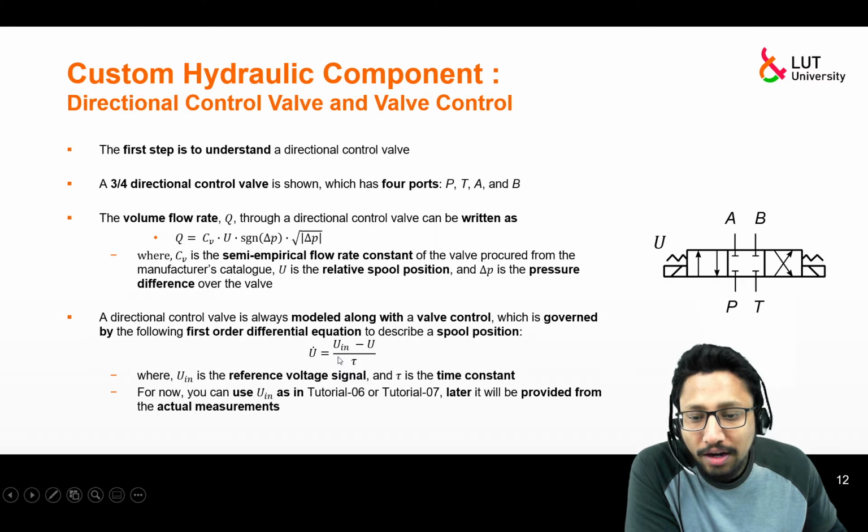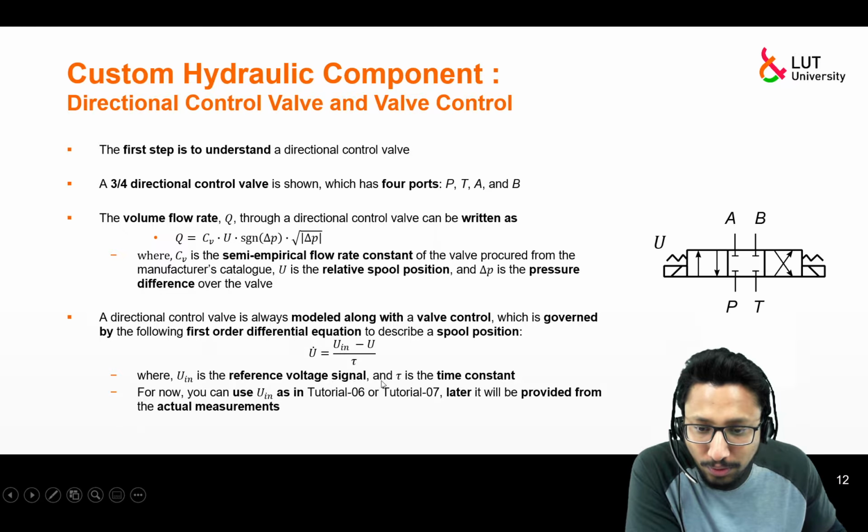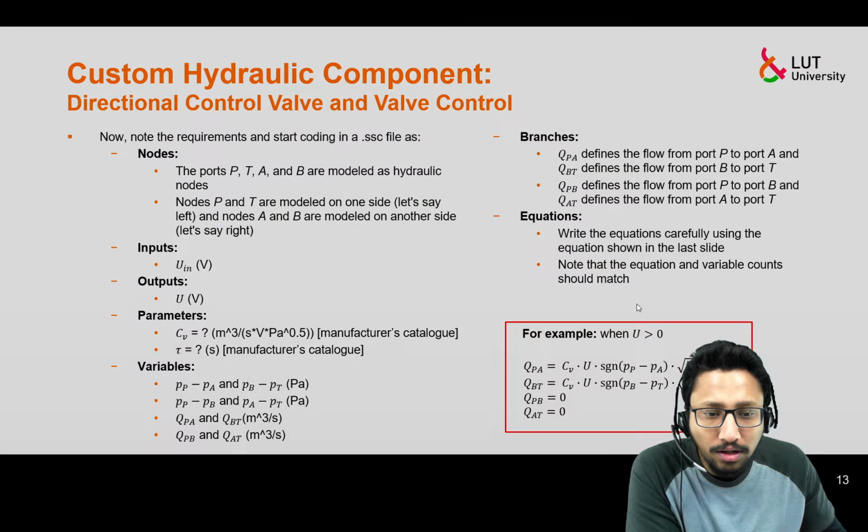Suppose you are giving some input reference voltage signal as UN, then using this differential equation, you can figure out what U will be in this equation. So basically U is coming from this differential equation here, which you need to solve as well. And here is a time constant, which is again a parameter dependent upon what kind of valve you are using.